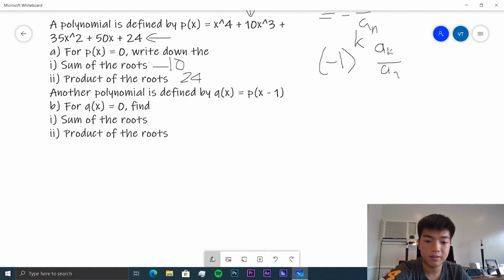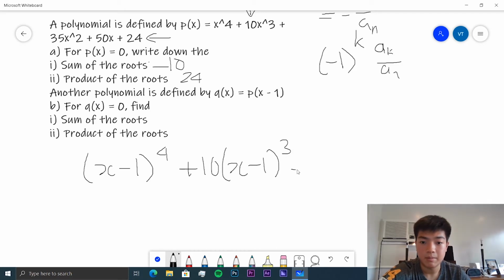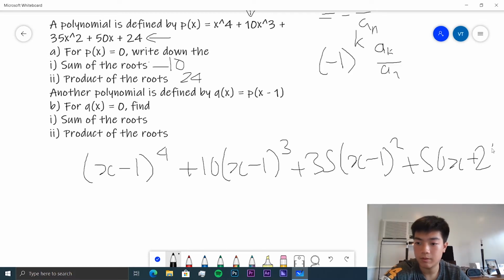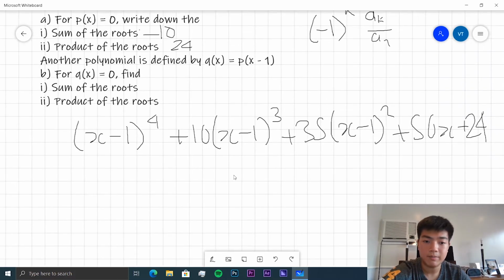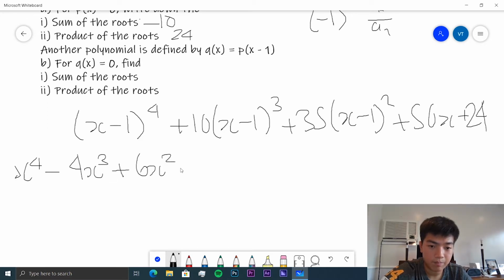So we have to go x minus 1 to the 4 plus 10 times x minus 1 cubed plus 35 times x minus 1 squared plus 50x plus 24. So if we expand this, we get x, I mean, is there a faster way? No, probably not. Plus minus 4x cubed plus 6x squared minus 4x plus 1.